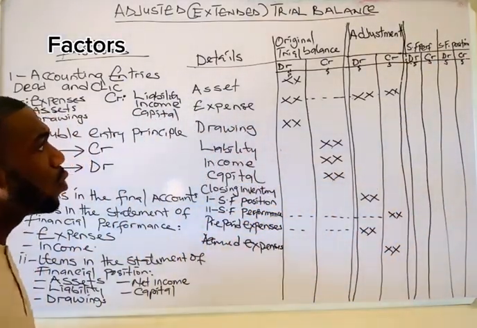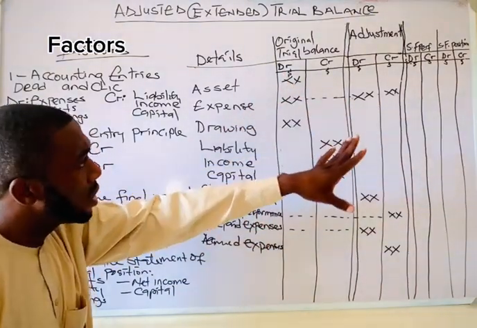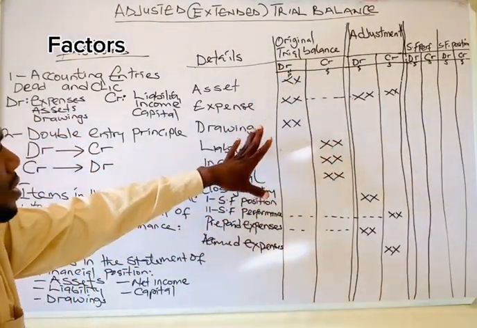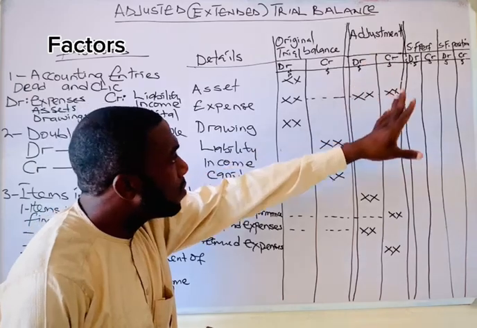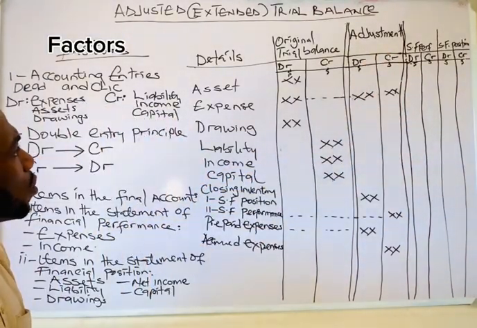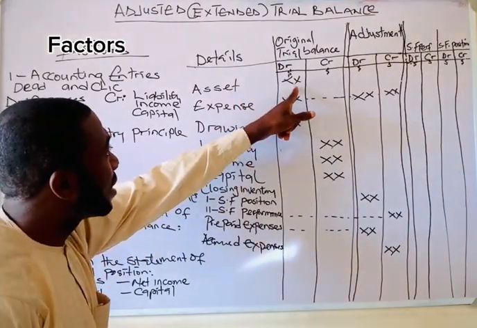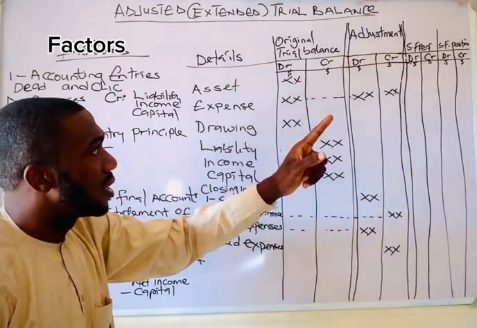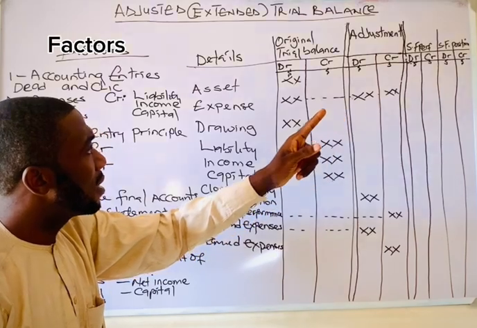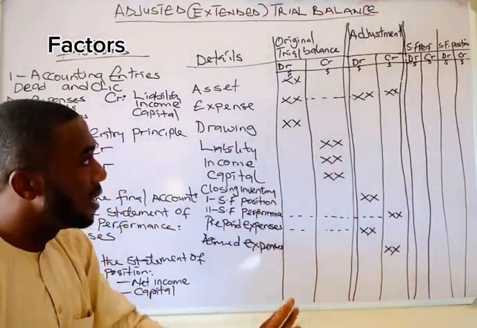Don't forget, these accounts have a direct relationship with our financial performance or financial position statement. If an asset is at the debit side, the asset will go to the final account in the debit side.